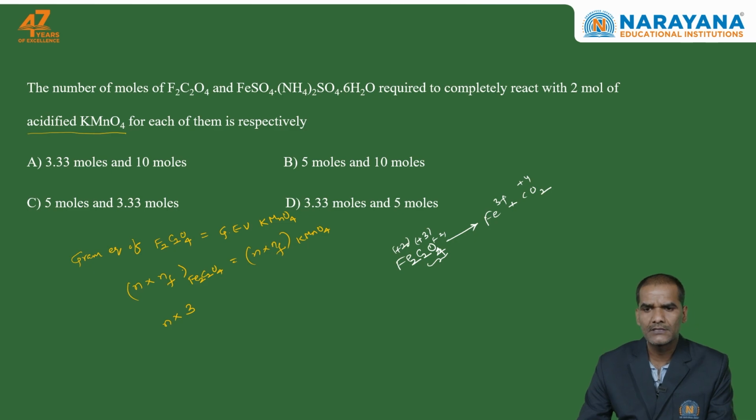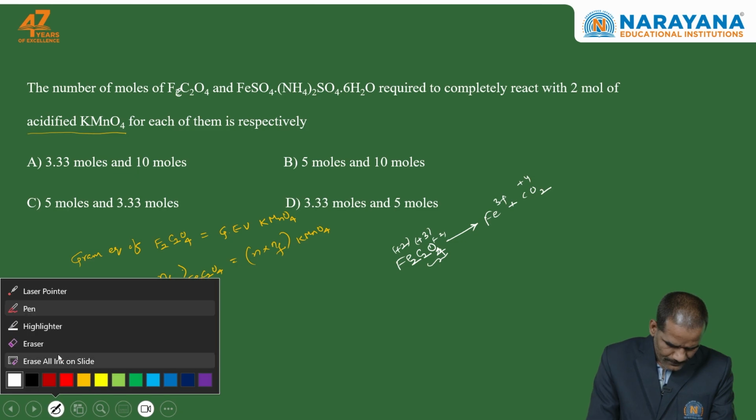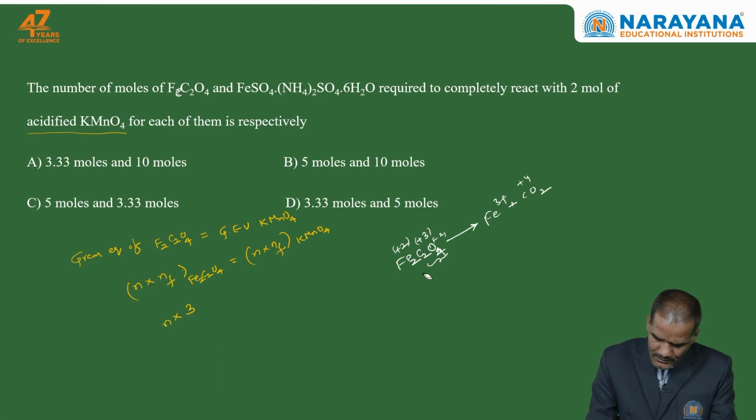Iron oxidation state is changing from +2 to +3, whereas carbon oxidation state is changing from +3 to +4. Now we have to identify the total change in oxidation state with respect to iron. Sorry, this is not 2, it is an Fe.